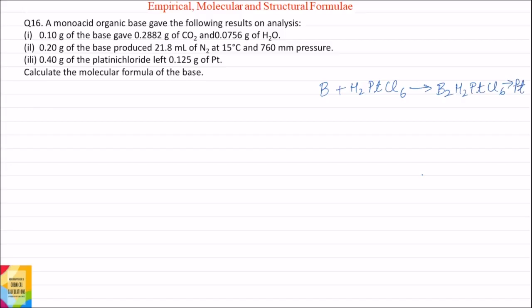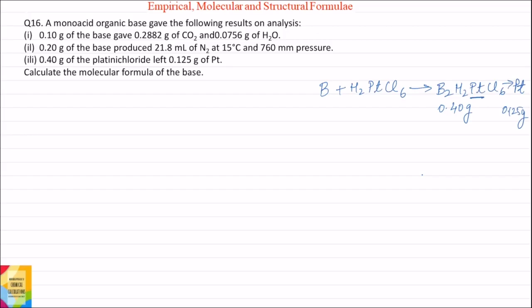Now weight of platinic chloride is given as 0.40 gram. Weight of platinum is 0.125 gram. Now applying principle of atom conservation for platinum atoms. 1 mole of platinic chloride contains 1 mole of platinum. So moles of platinic chloride is equal to moles of platinum.